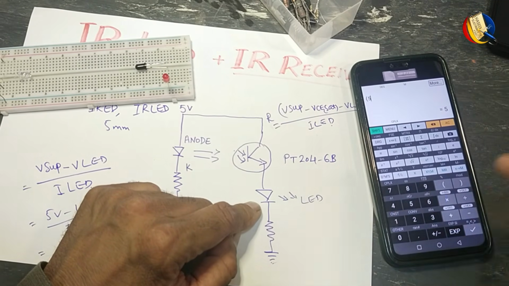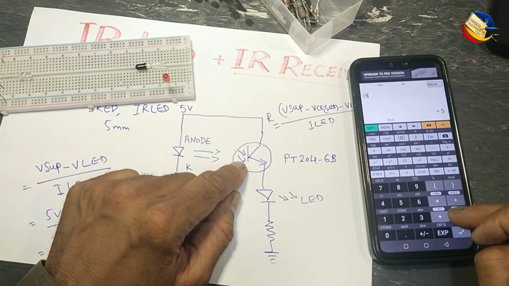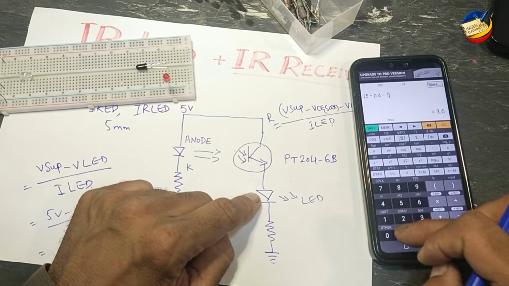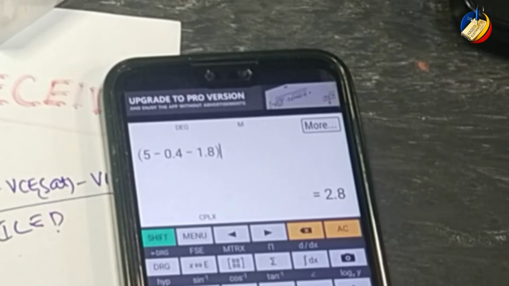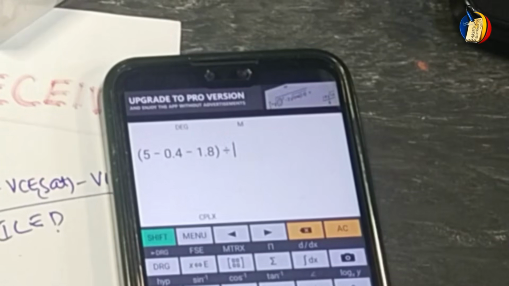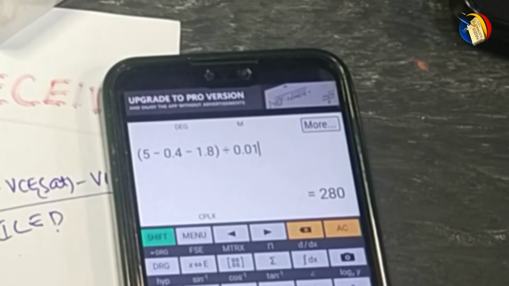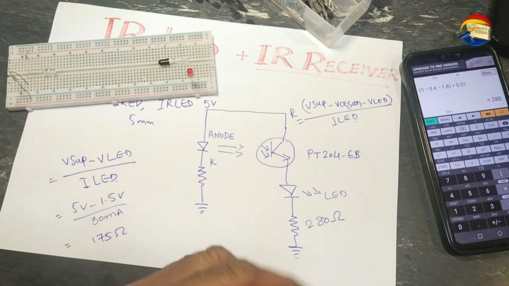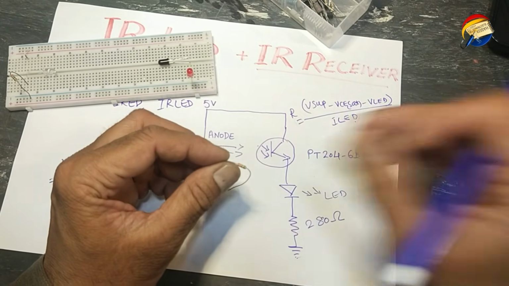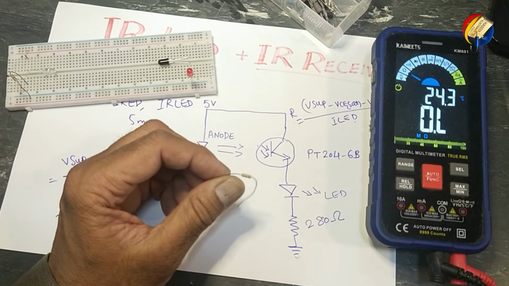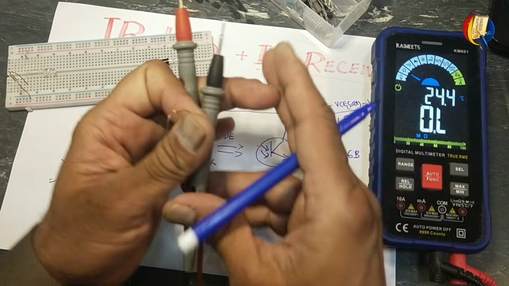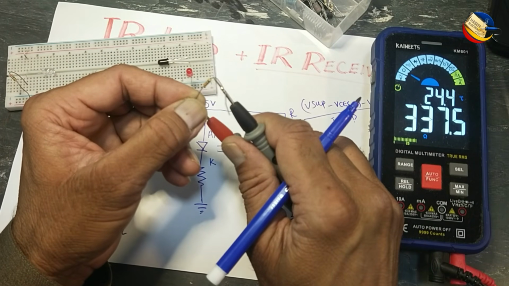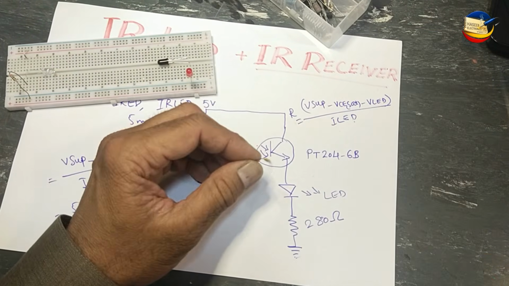We will not reach the maximum limit. 5 volts minus 0.4 volt saturation voltage, minus 1.8 volts for the LED. We will run this LED at 10 milliampere, which gives 280 ohms. I will use a standard 330 ohm resistor. It will remain in safe limits.